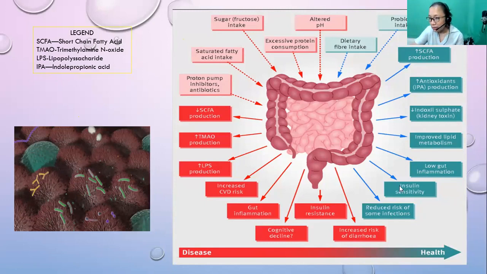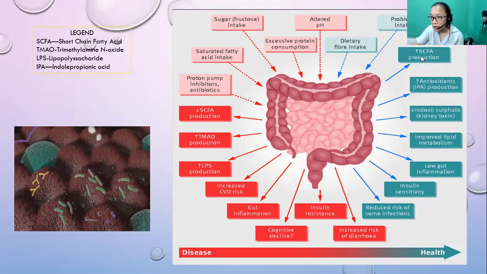And then on the other hand naman, sa kabila, if we take a lot of dietary fibers, such as the prebiotics, it promotes good health to the microbiome. If we also take probiotics, yung mga may live microorganisms, live good bacteria, can also increase the good bacteria in the gut.